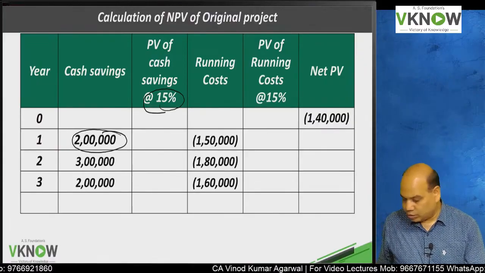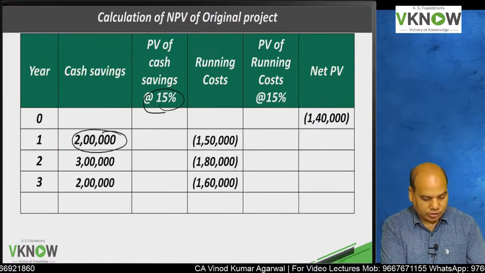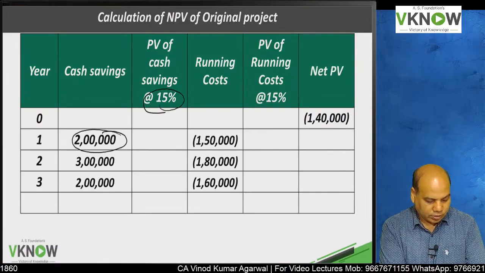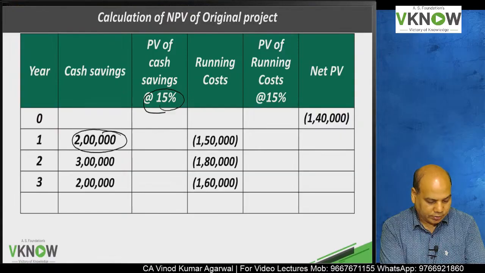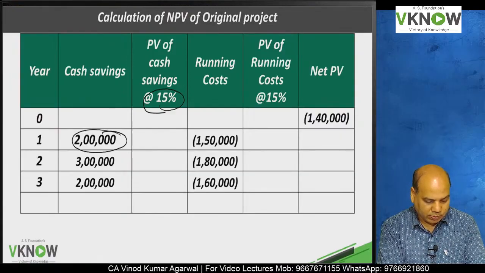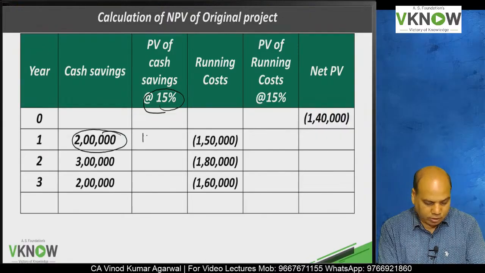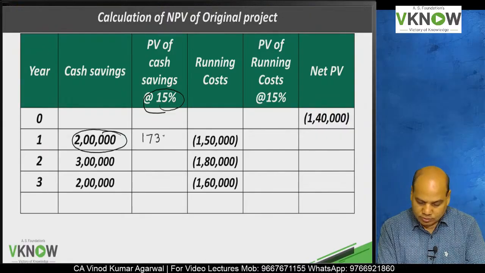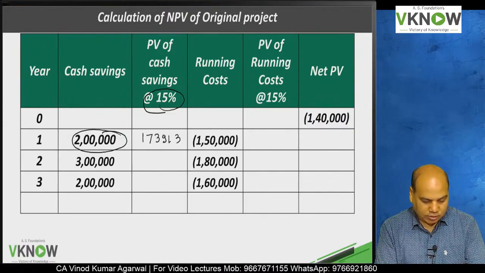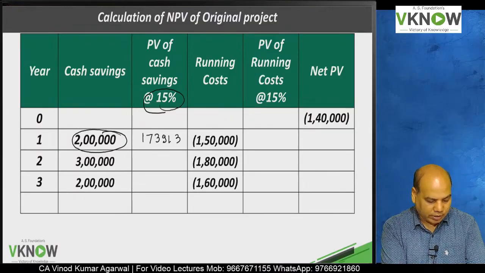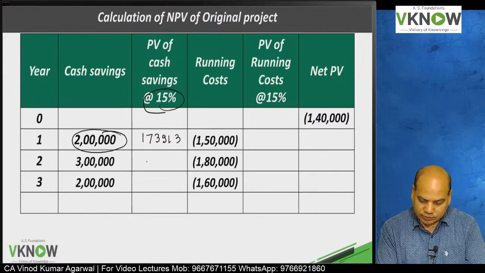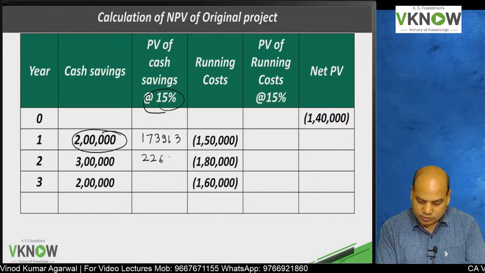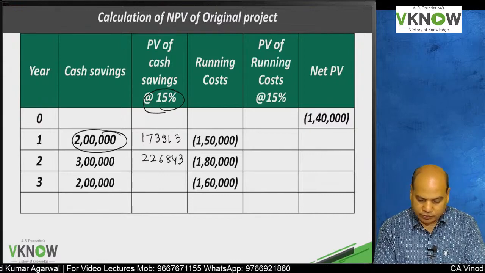Now we are going to calculate present value of 2 lakh at 15%. So how are you going to do it? First type 2 lakh divide by 1.15 equal to memory plus, 173913. Then type 3 lakh divide by 1.15 2 times equal to memory plus, 226843.